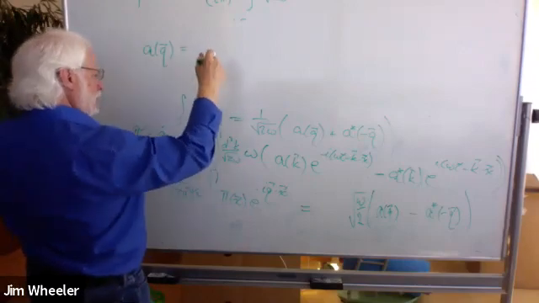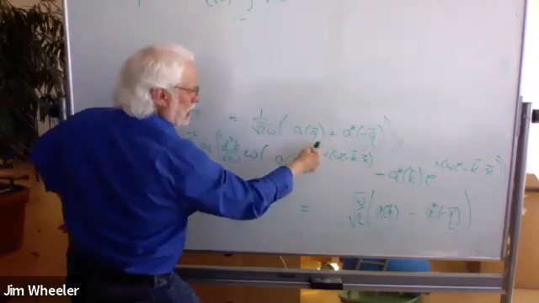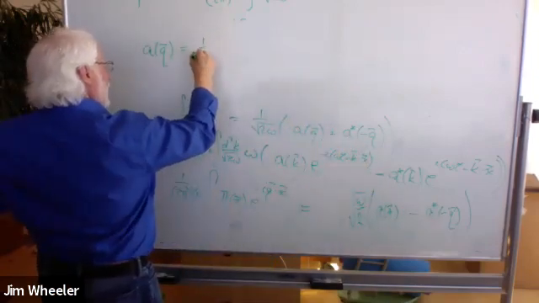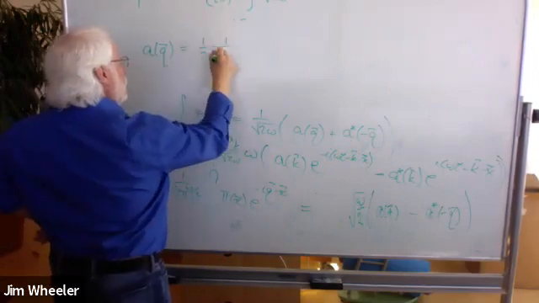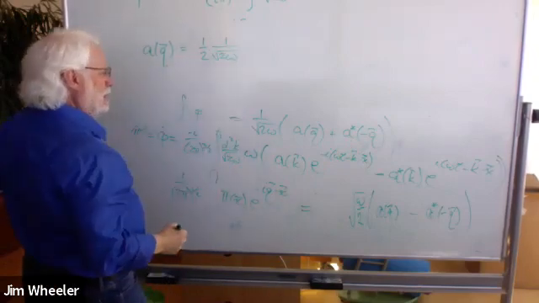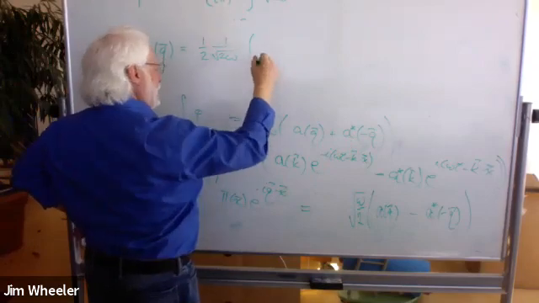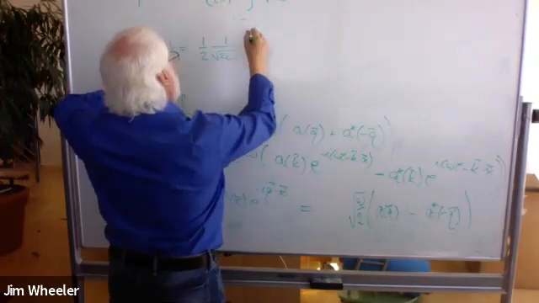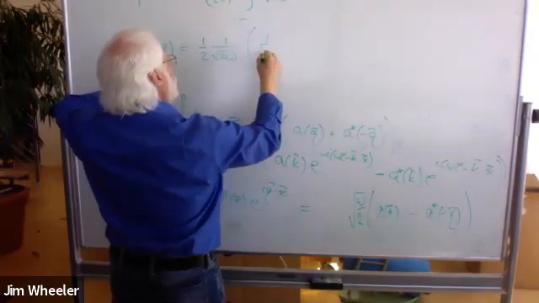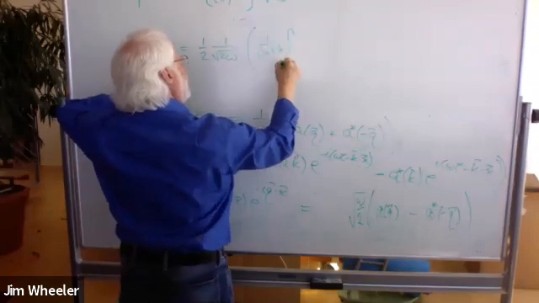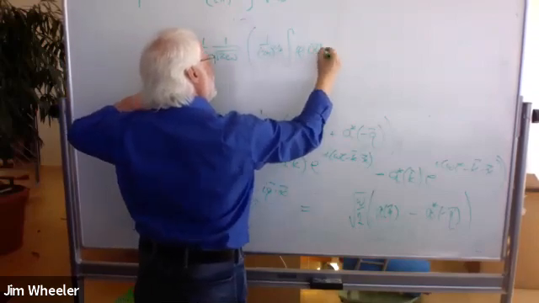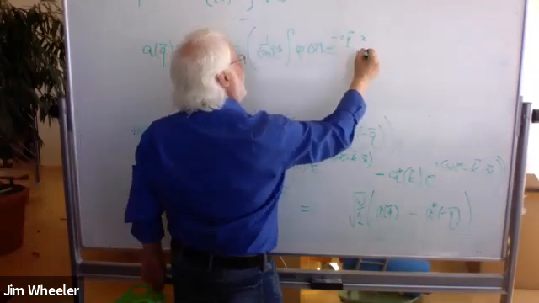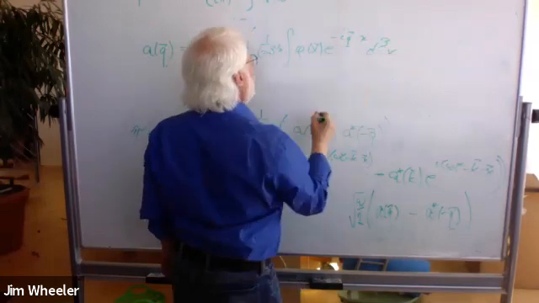Then these can just add and the A star drops out, but I'm going to have a factor of 1/2. And I'm going to pull out the 1 over root 2 omega here so that I get the transform of phi. So 1 over 2 pi to the 3/2 integral phi of x e to the minus i q dot x d cubed x.